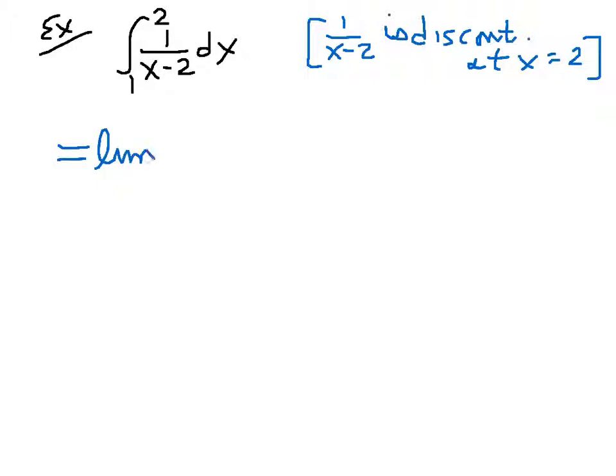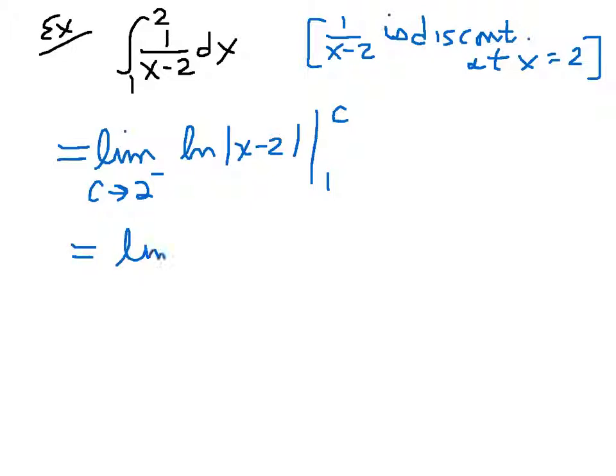The limit as c approaches 2 from the left of that integral, which is the ln of x minus 2, from 1 to c. And so that can be written as the limit as c approaches 2 from the left of the ln of c minus 2 minus the ln of 1.